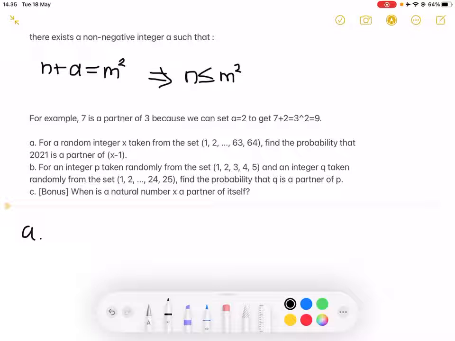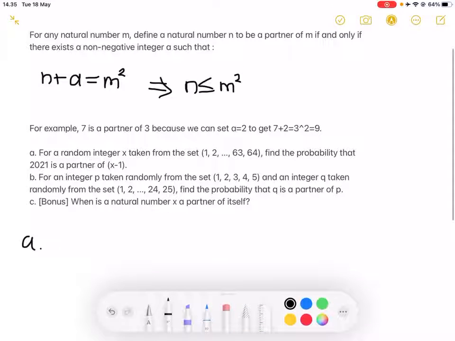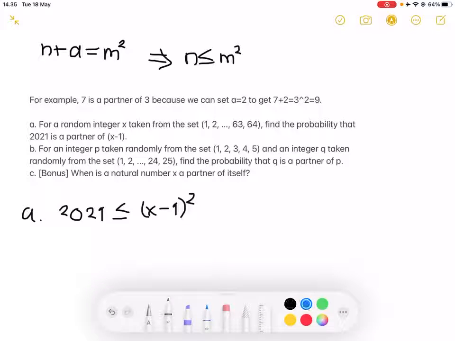So let's see, 2021 is a partner of x minus 1. Substituting our values of m and n into the inequality we just found, we have 2021 is less than or equal to x minus 1 squared, and taking the square root of both sides, note that the square root of 2021 is something like 44.9, which is relatively close to 45.